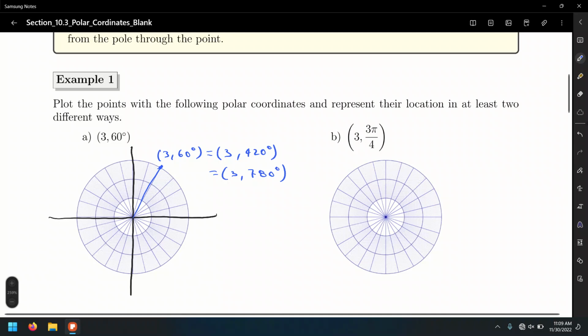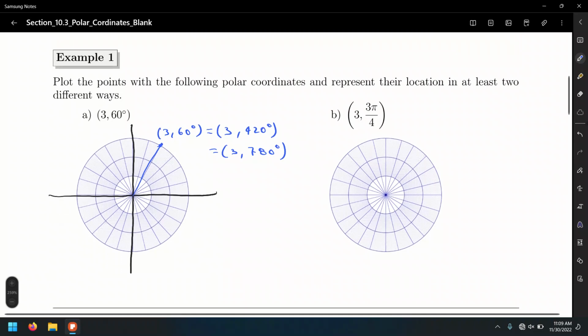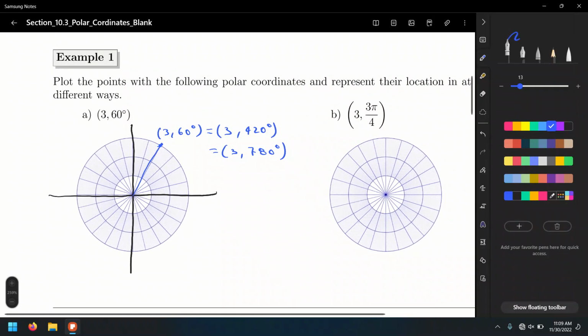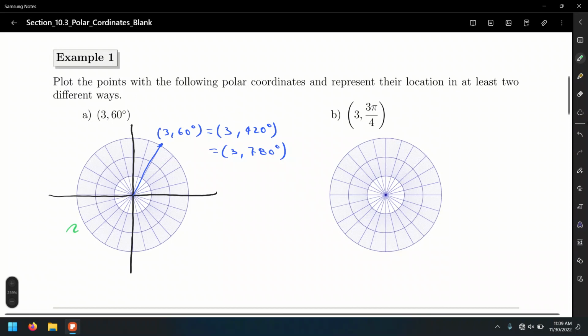All right. There is another way to represent this point. If we reflect, check this out. If we reflect this point right here to over here, it turns out that it is exactly the same point, even though the location is different.